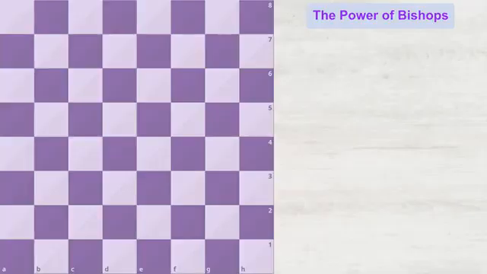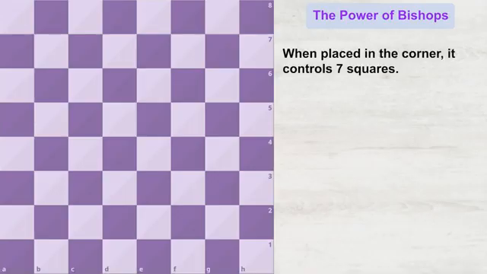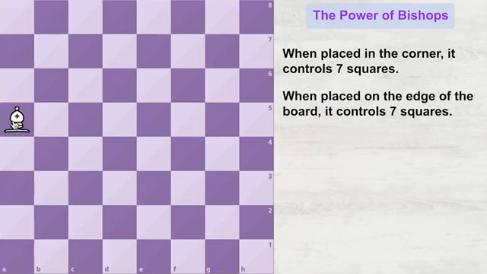Now let's understand the power of a bishop when it's placed on different squares of the chessboard. So when a bishop is placed on the corner of the board, it can control 1, 2, 3, 4, 5, 6, 7. It can control 7 squares. When the same bishop is kept on the side of the board, it can control 7 squares. 1, 2, 3, 4, 5, 6, 7.